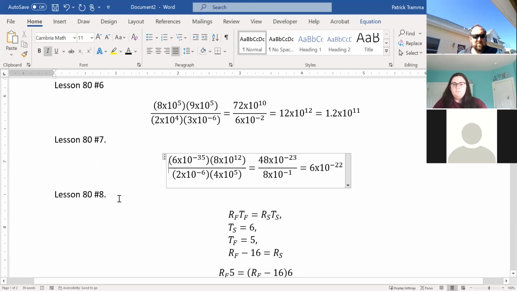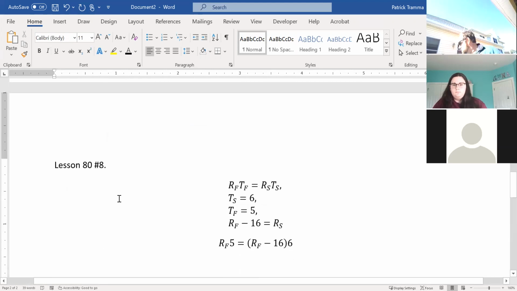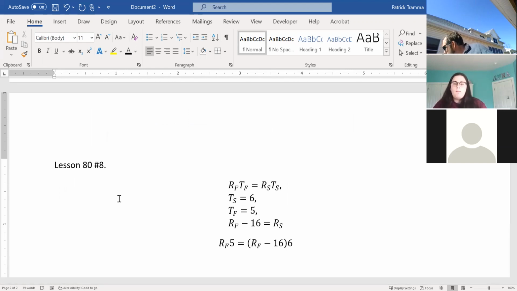I still don't see how. Okay. Can you use the distributive property? You have just one variable, R sub F, on both sides. So use the distributive property.